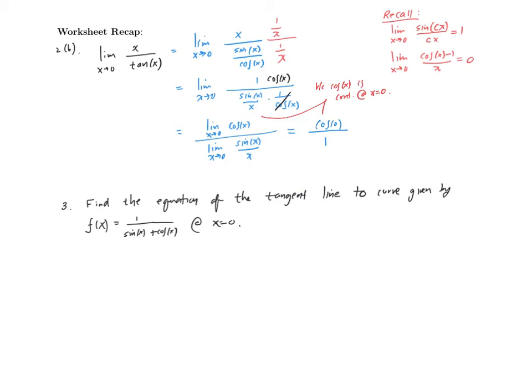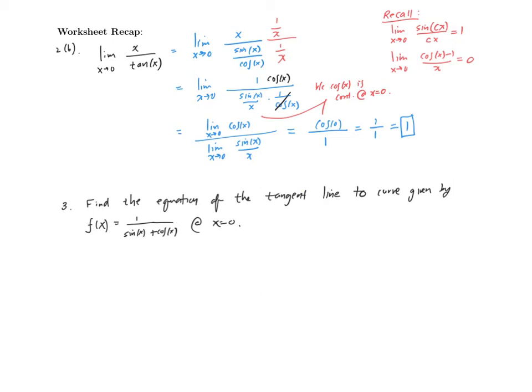And when we are substituting in a scenario such as this one, we definitely should add some type of small justification or side note as I've done in this case. Cosine of 0 is 1. 1 over 1 is equal to 1, which is the value of this limit.